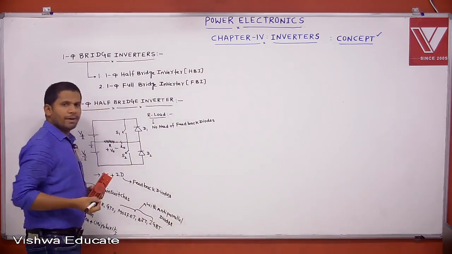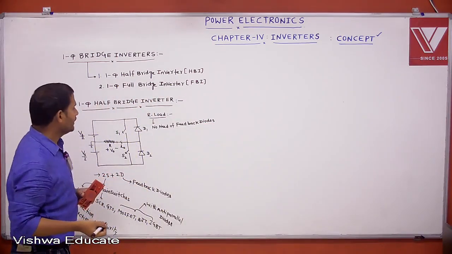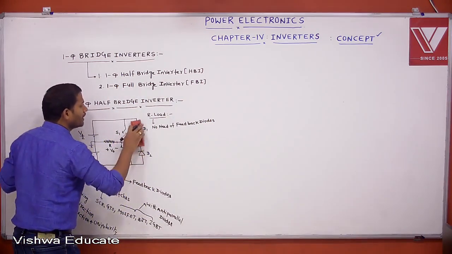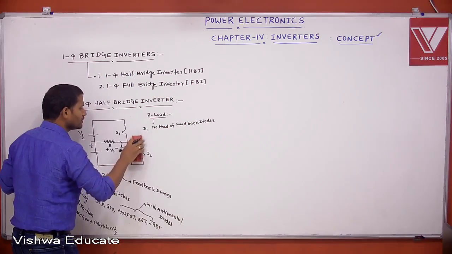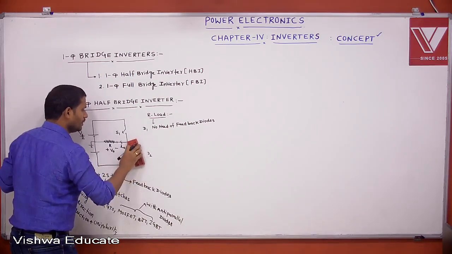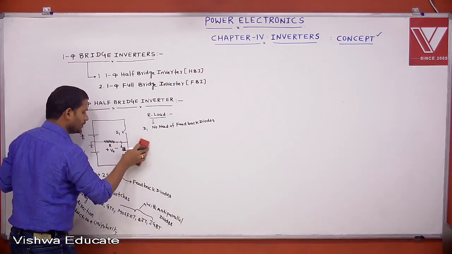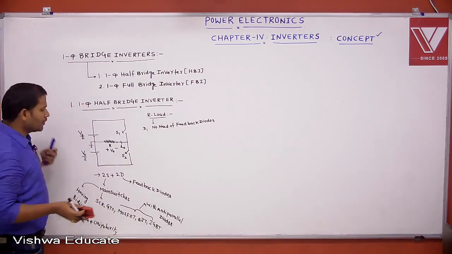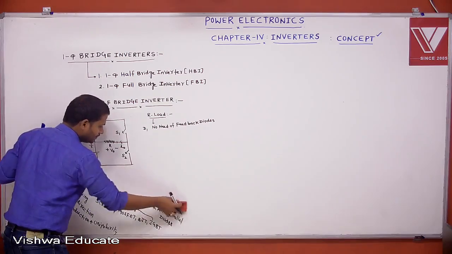Then no need of feedback diodes means remove these feedback diodes. Redraw the circuit. This is the inverter circuit for R load operation.